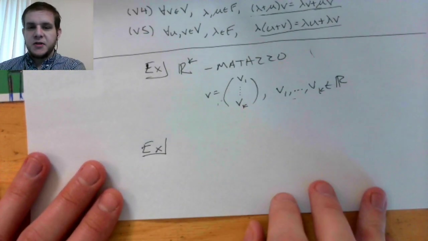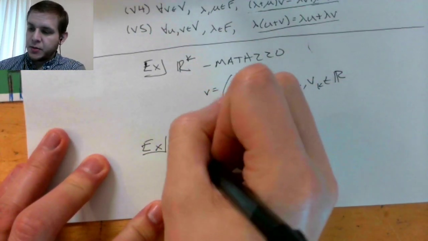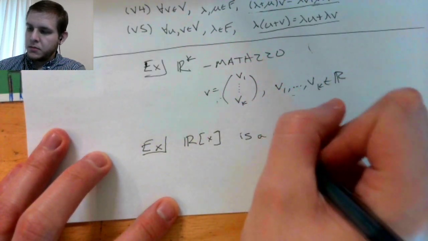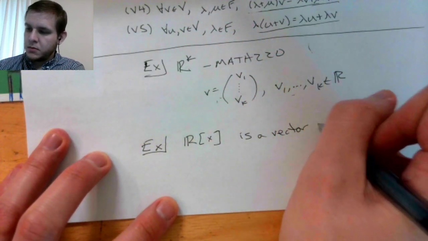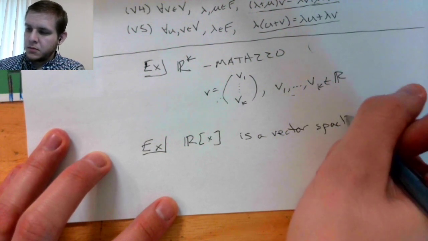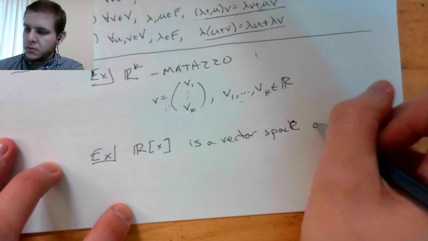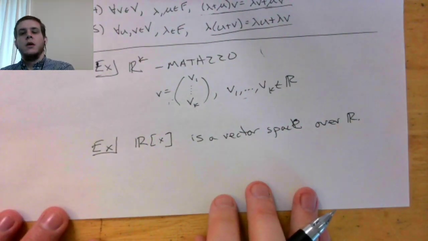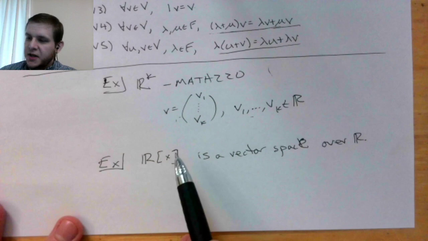Here's another interesting vector space, the space of polynomials. So why is this a vector space?